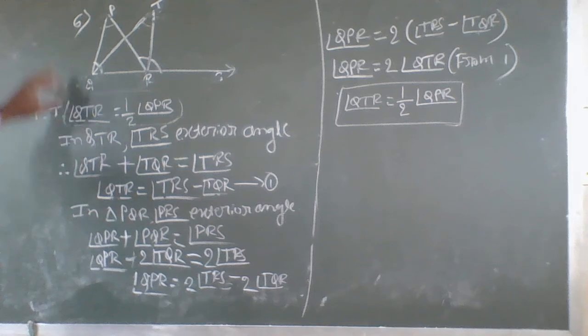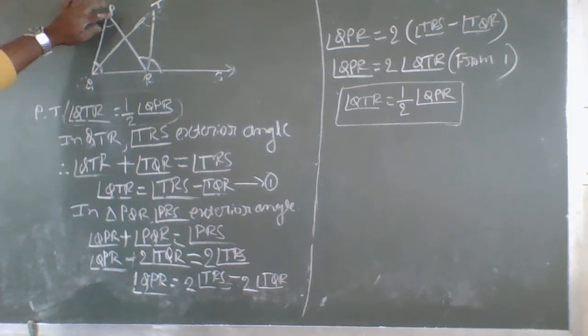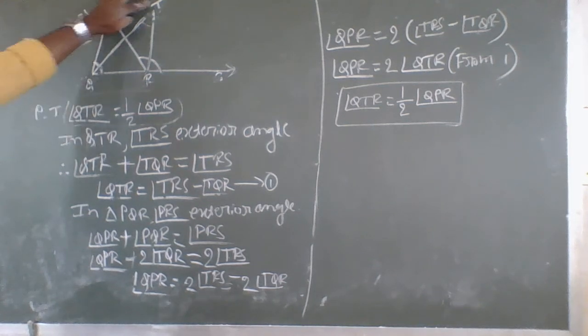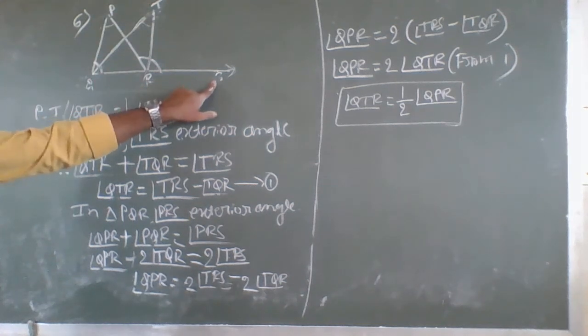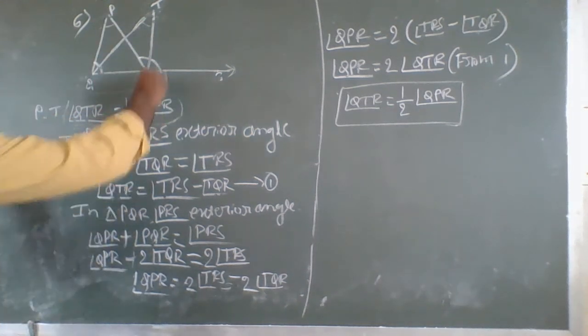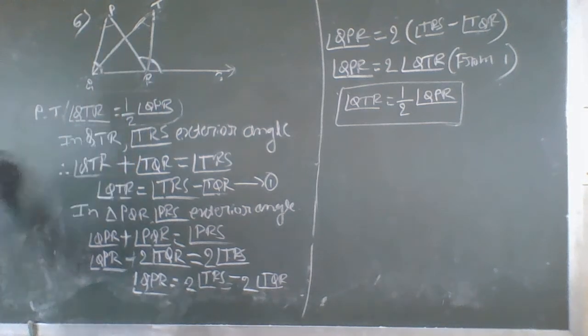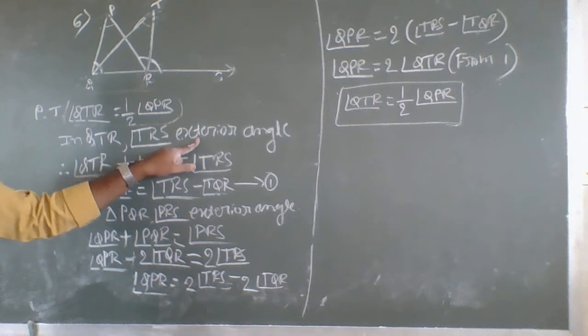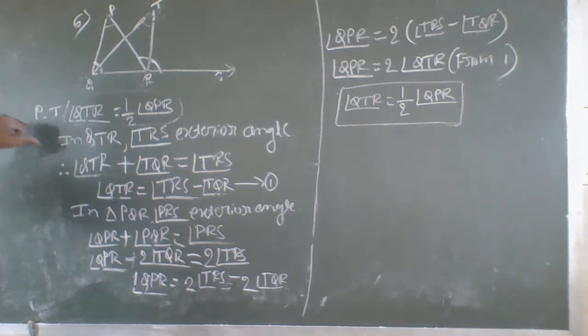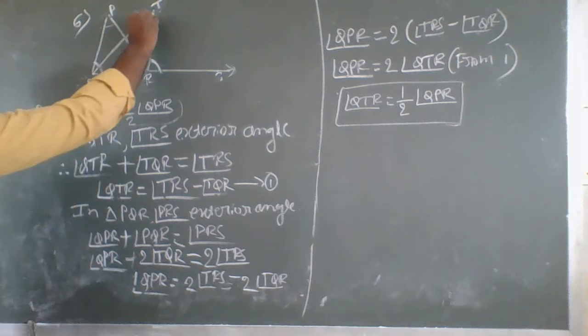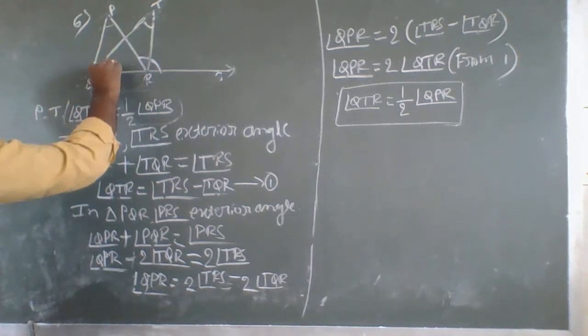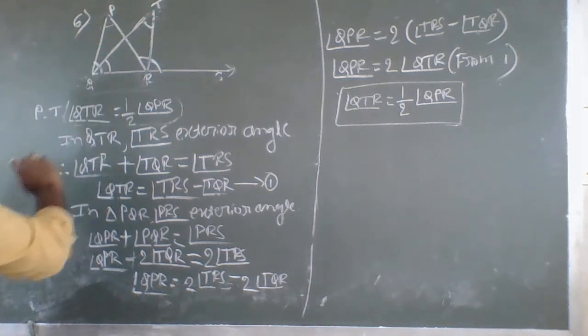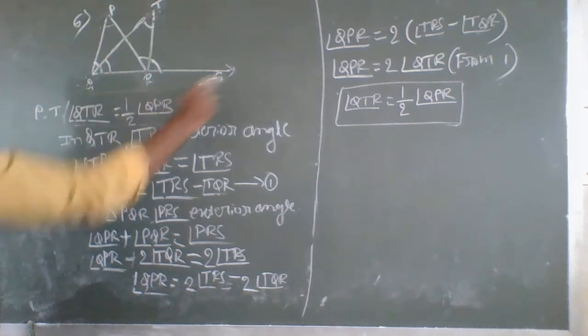See here again. In triangle QTR, TRS is the external angle. By the exterior angle property, angle QTR, this angle, plus this angle TQR is equal to TRS.